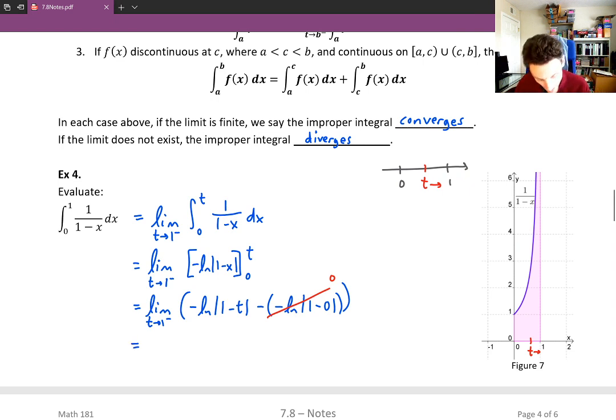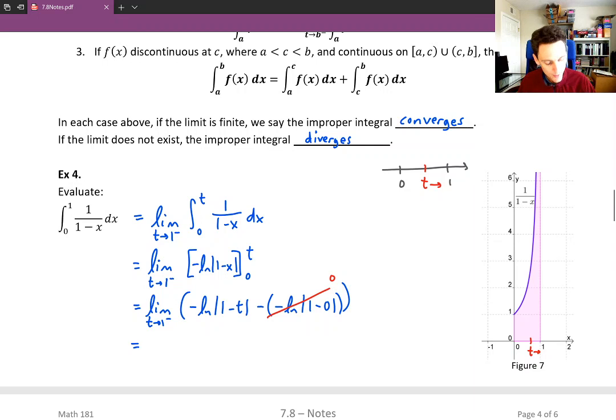And then if we take the limit as t approaches 1 from the left of ln of 1 minus t in absolute value, well, 1 from the left means we're a little bit smaller than 1, something like 0.9, 0.99, 0.999. So when we do 1 minus those numbers, they're going to get closer and closer to 0 and are positive, although we have absolute value bars around that anyway, so it's going to become positive anyway.